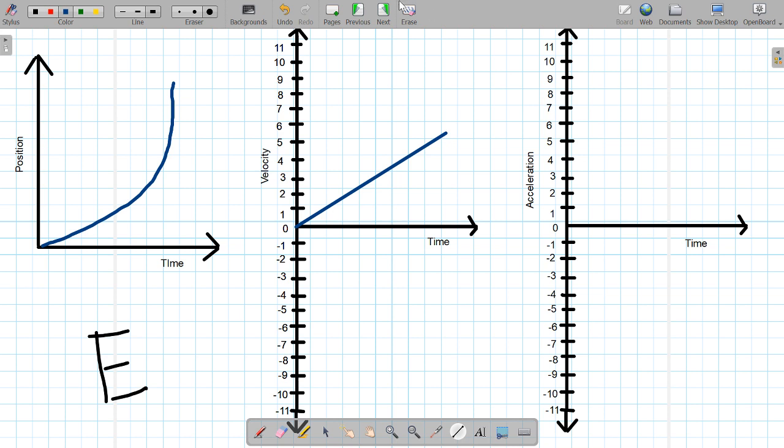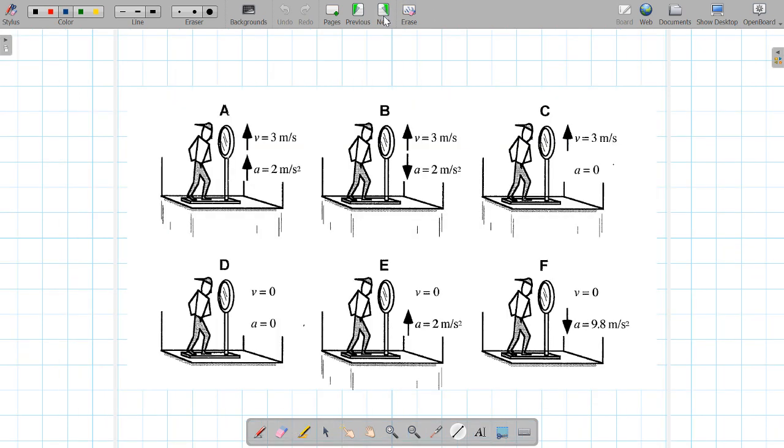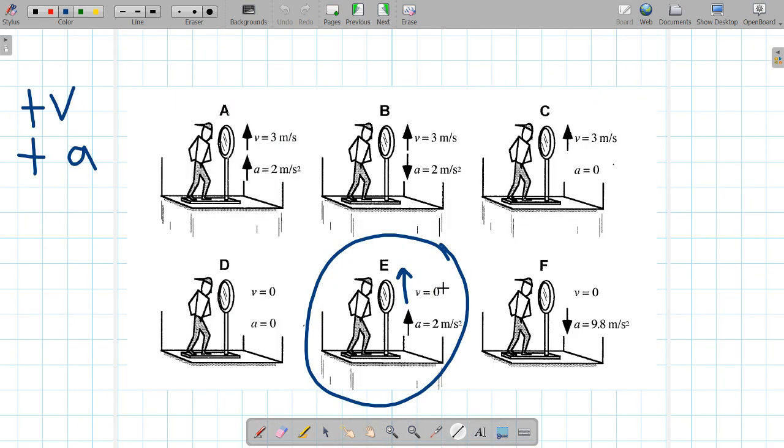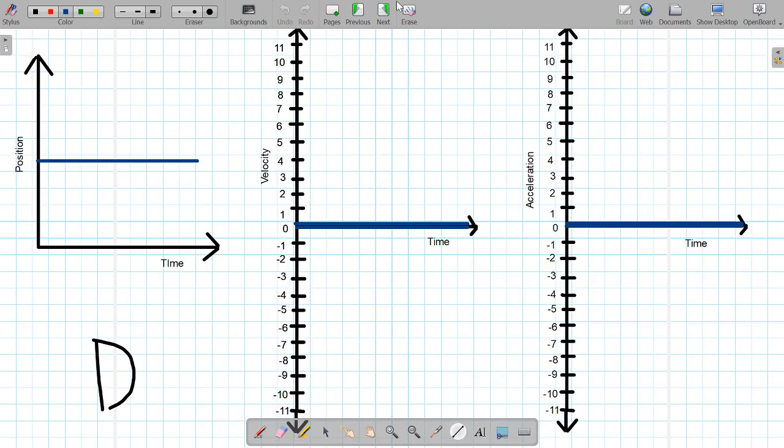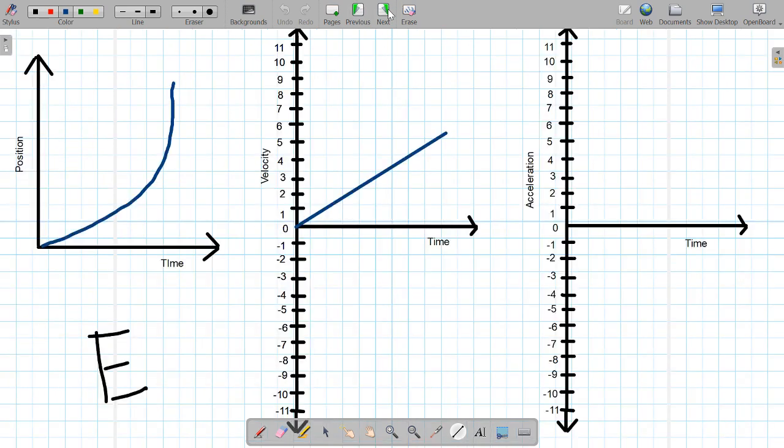Now, how do I represent my instantaneous velocity at a point? If you come over here, my instantaneous velocity at a point was 0. So in order to denote that on my velocity time graph, I'm going to put a point right at 0 to represent that.